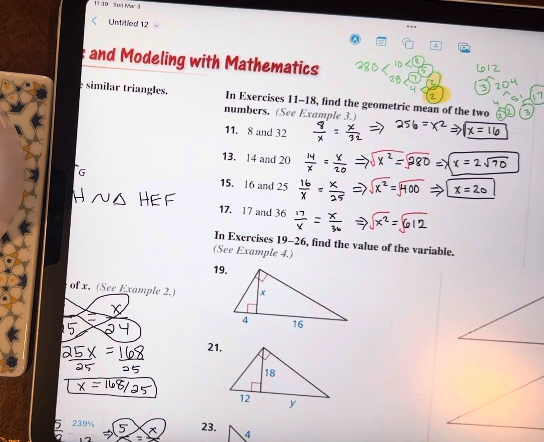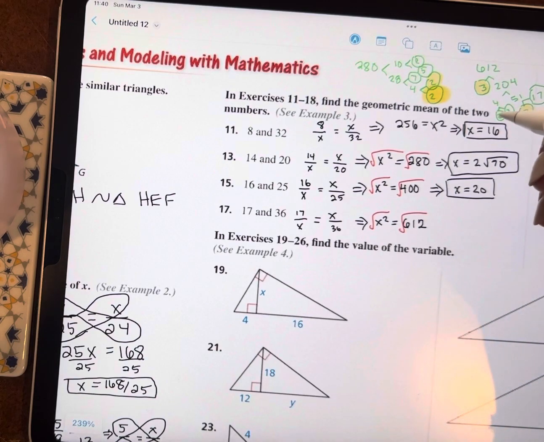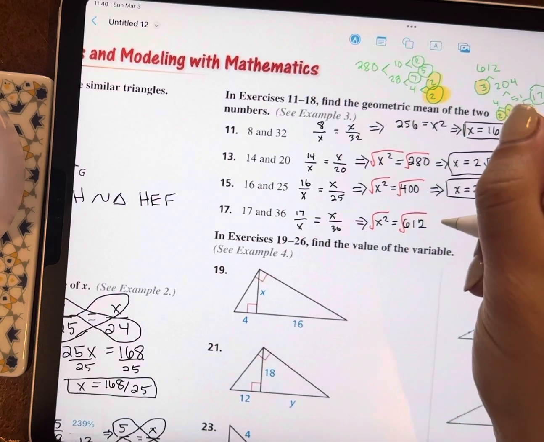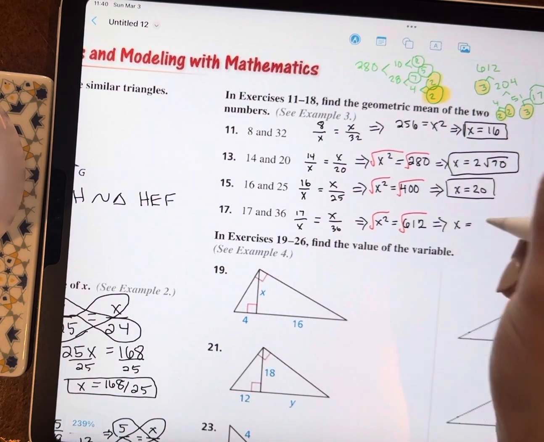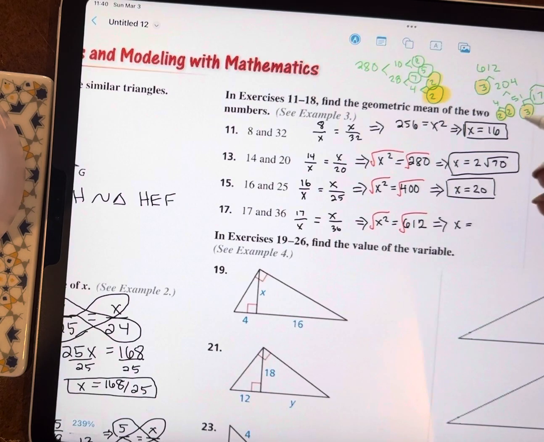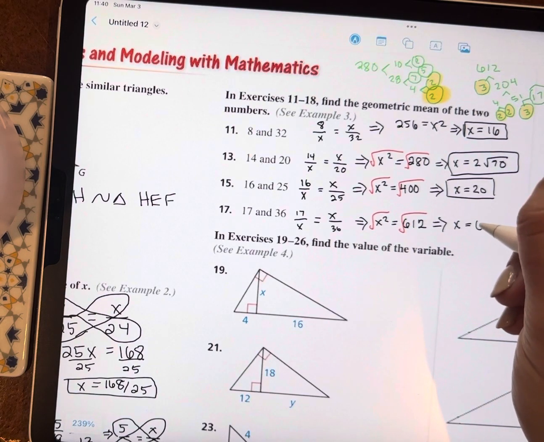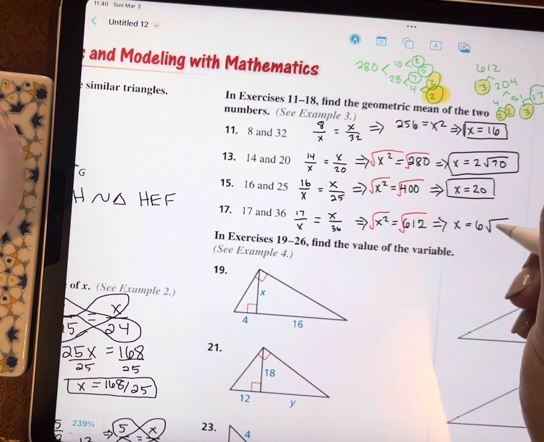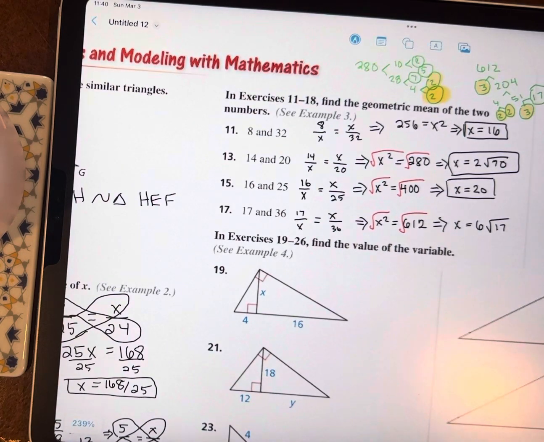So now I can take out a 3 and a 2. Can't take that 17 out, unfortunately. So here I get that x equals 3 times 2 and rad 17.